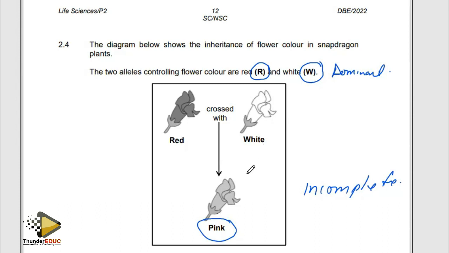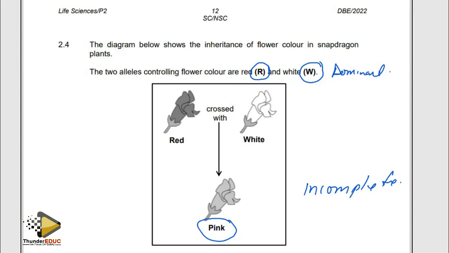When they sit at one table, they will talk about issues affecting them equally. So neither the president of country A nor the president of country B is dominant over the other. Why? All of them are presidents. So neither red nor white is dominant over the other, so when they combine, they produce an intermediate.